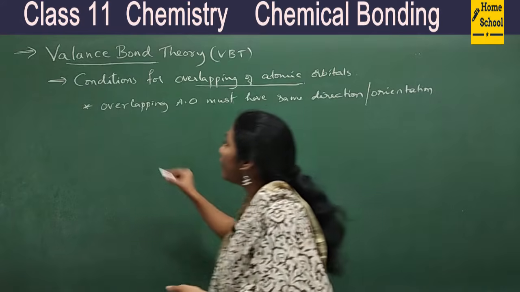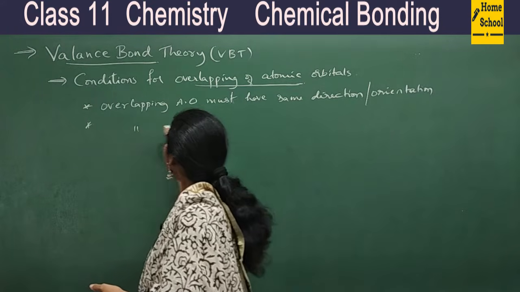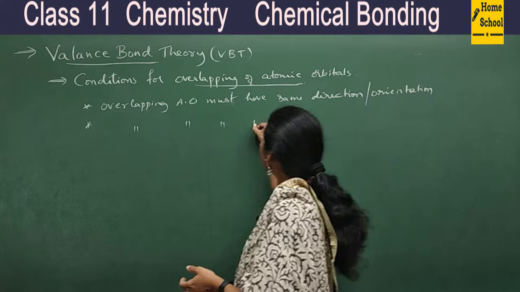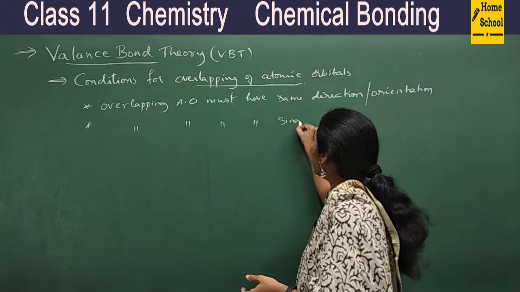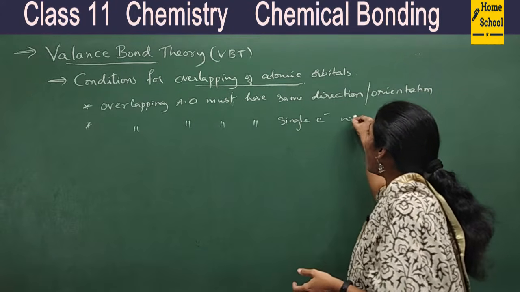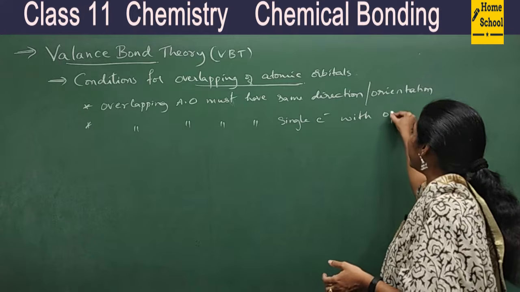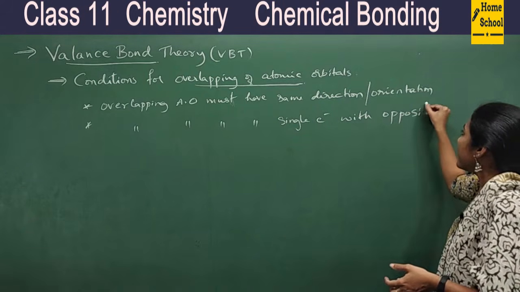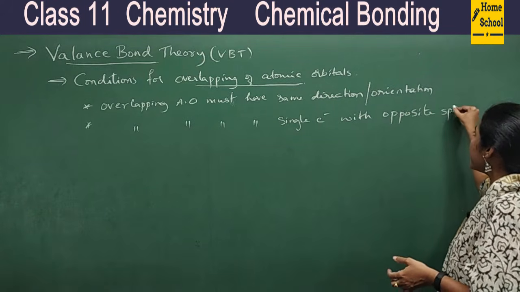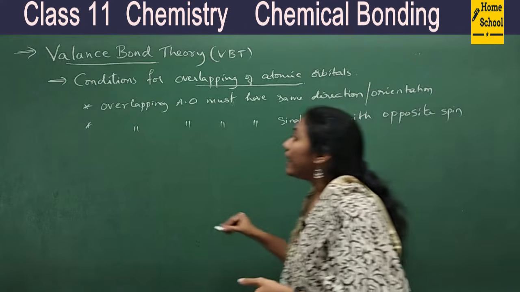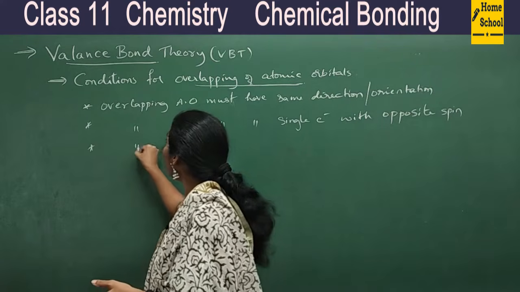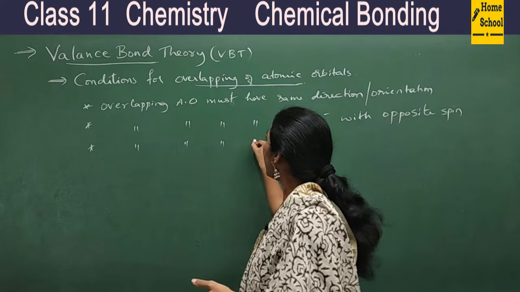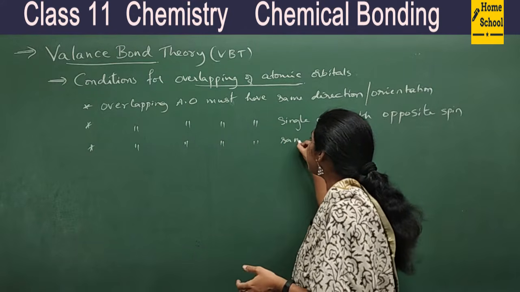And second point, overlapping atomic orbitals must have a single electron with opposite spin. This is very, very important, guys. And third point, overlapping atomic orbitals must have the same sign.